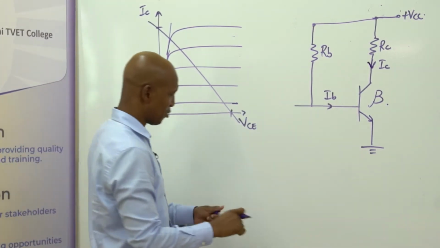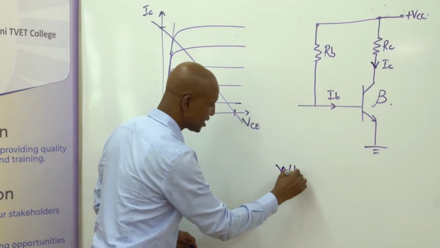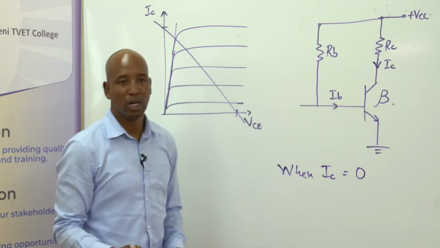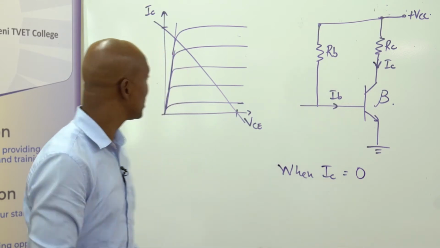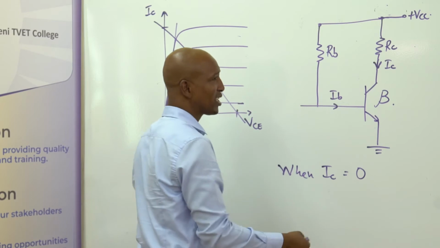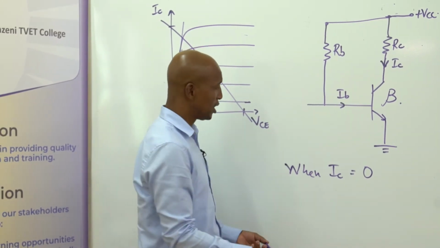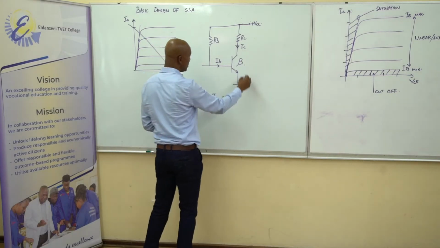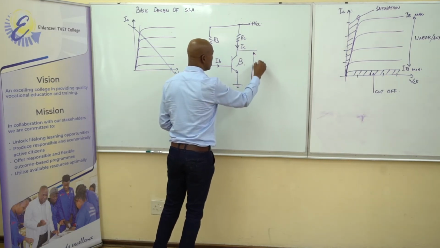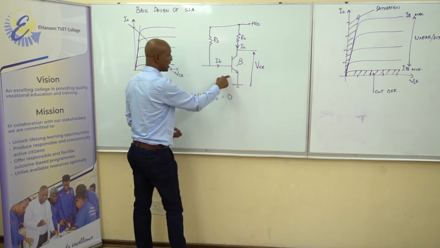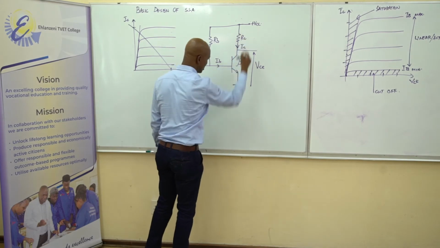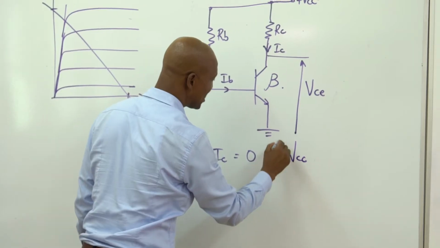Let's start with when IC is equal to 0. When IC is equal to 0, it simply tells us that there is no current flowing through the transistor. It looks like an open circuit. So if I were to measure the voltage between the collector and the emitter, I will get the same voltage, which is equal to the supply voltage, VCC.